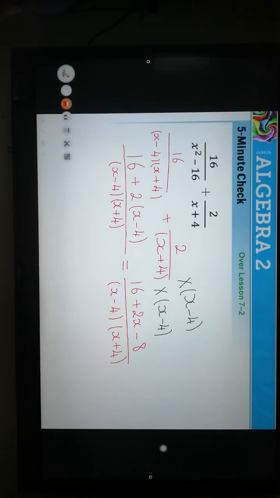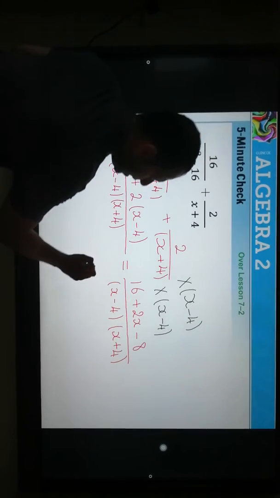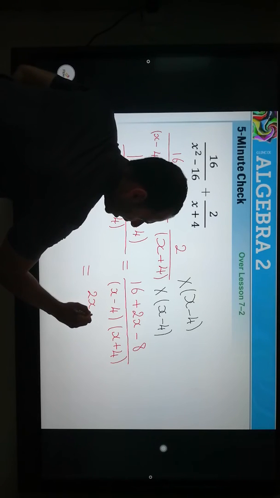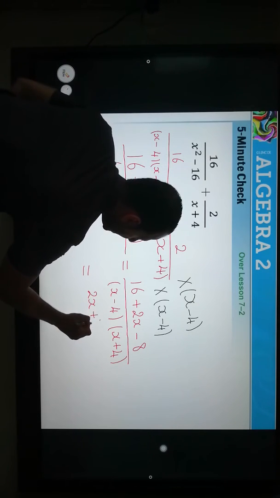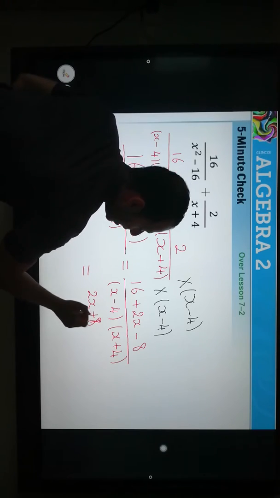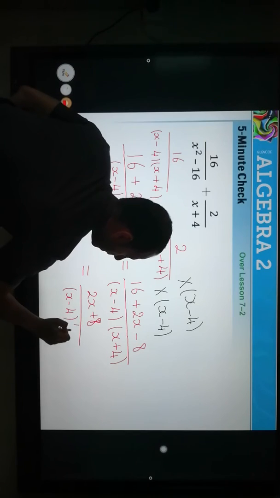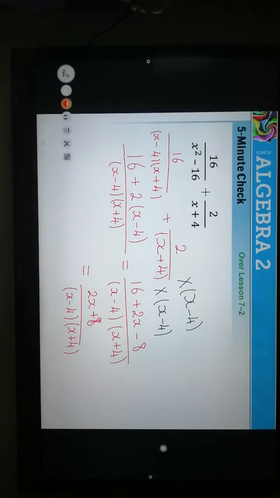You have 16 minus 8 equals 8, so the result will be 2x minus 8? No. Yes, plus 8 over this. This is the simplest form for the problem.